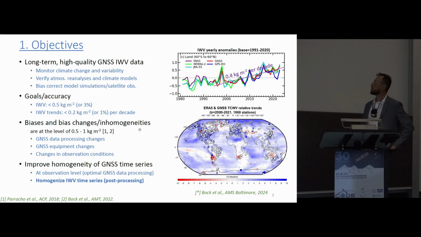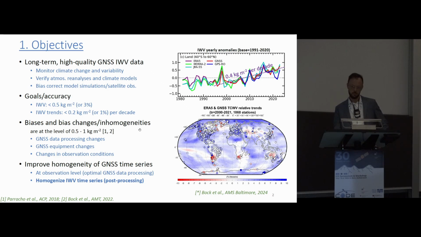There is strong interannual variability, especially due to El Niño events, superposed with a clear trend of about 0.4 kilograms per square meter per decade. However, there are some discrepancies between the reanalyses and the observations.